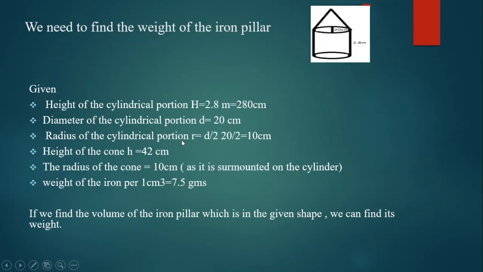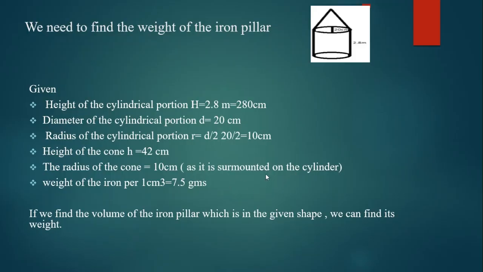So these are all the points given in the problem. We have taken the radius of the cone as 10 centimeters, which is equal to the radius of the cylinder, because it is surmounted on the cylinder. It is clear from the given problem.